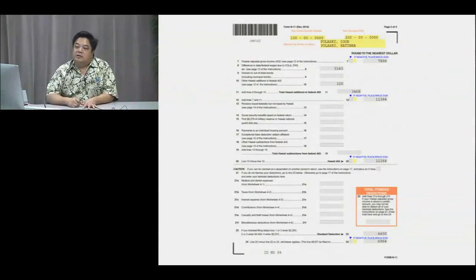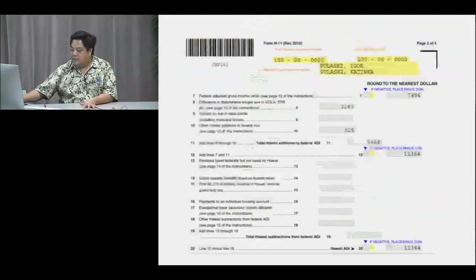This is the same example as the federal taxes, but it's applied on a Hawaii tax return. So if you go over what you saw 2 days ago as far as the amount, then you can refer back to how this one is different. This is just a blown up section of that page 2.